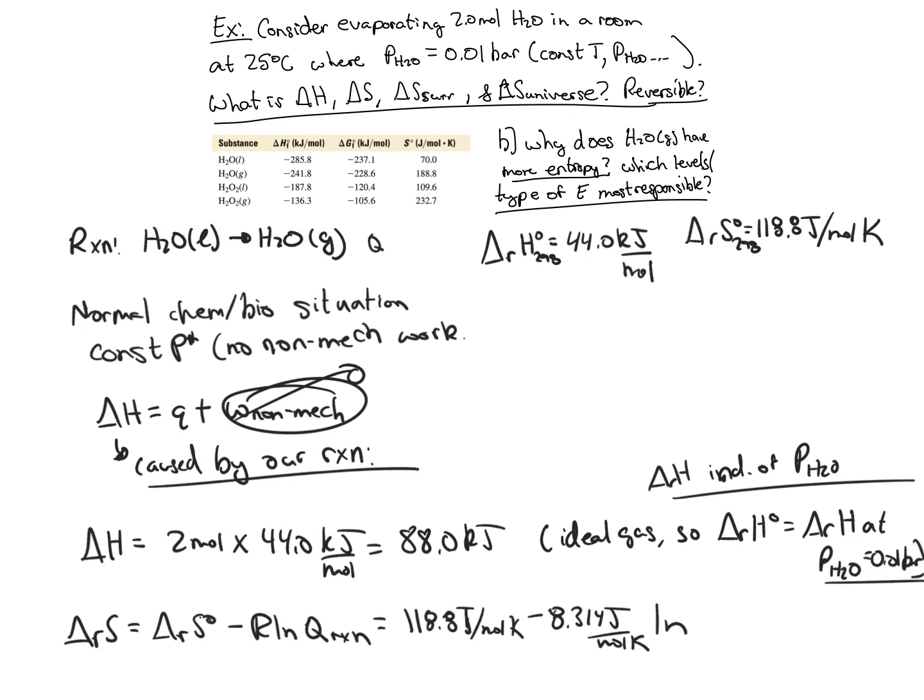In this case, it's always a good thing to write down Q at the beginning. Q is just going to be the partial pressure of H2O here. Because H2O is a liquid, its entropy doesn't really depend on the partial pressure of anything. So it's only the gas here. Only gases and aqueous species show up in the reaction quotient for that reason, because they have this configurational entropy term that we need to keep track of.